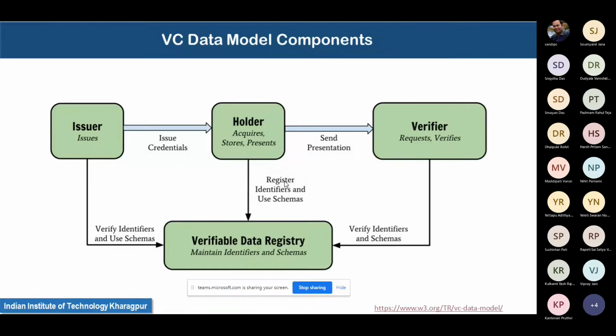The issuer would issue the credentials to the holder, and then the holder from time to time can present it to the verifier, who can verify the credential presented by the holder, and also check for the identifiers and schemas from the verifiable data registry.